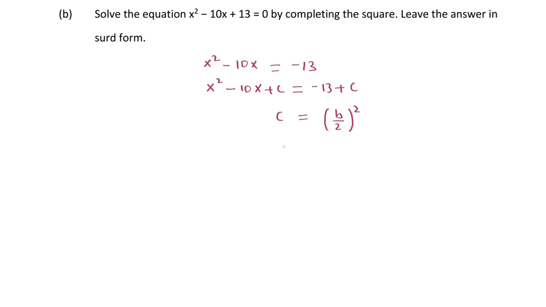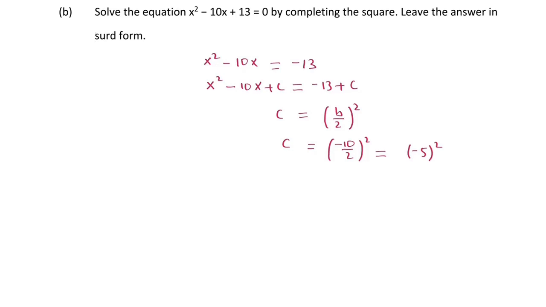Then we have c equals (negative 10 over 2) squared, which after solving gives (negative 5) squared.